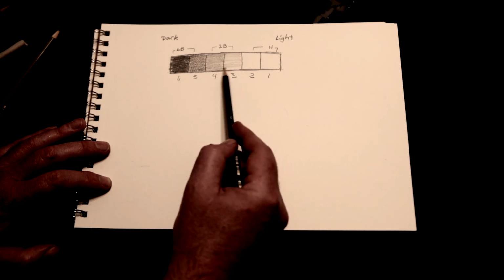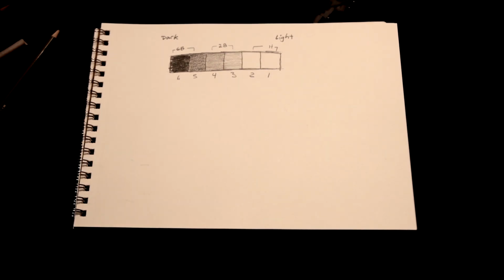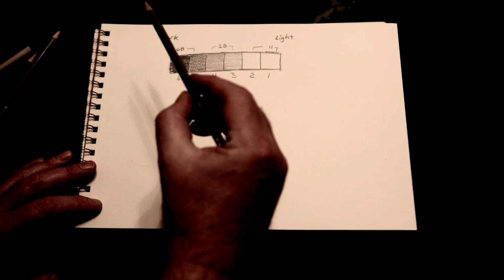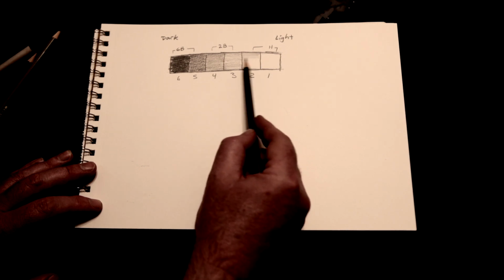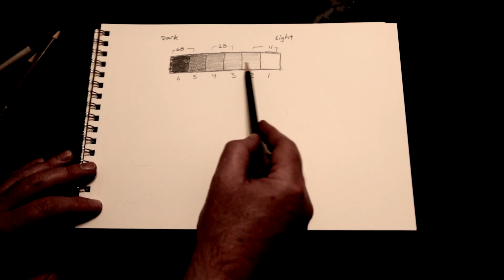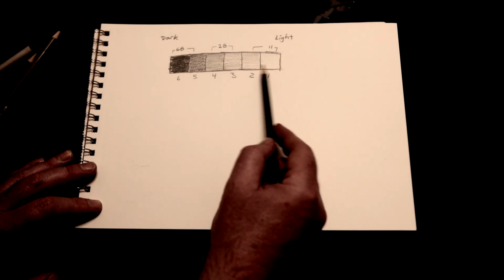I'm going to do this one a little lighter, so I'm just doing a little bit lighter pressure. Good. Now I'm going to go to my H. And then I'm just going to do just a little bit on the first one.